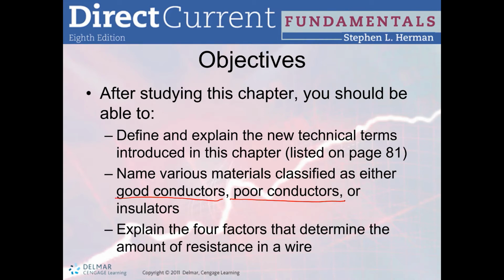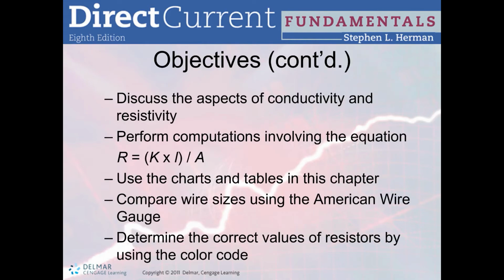Okay, and then the next thing is that we are going to get into the four factors that determine the amount of resistance in a wire. We are going to see a formula for those four factors that explains all the things that constitute the amount of resistance in a wire.